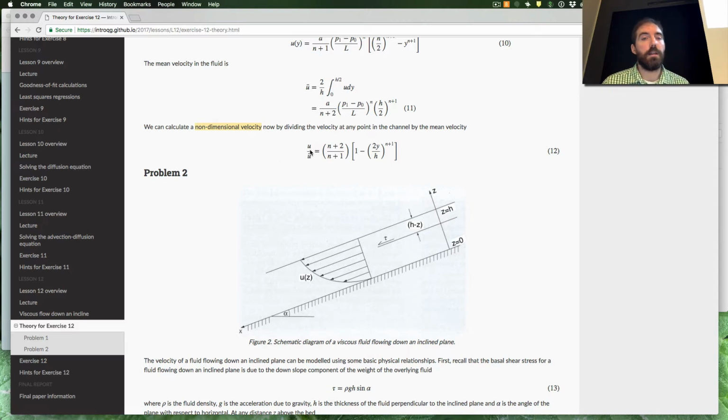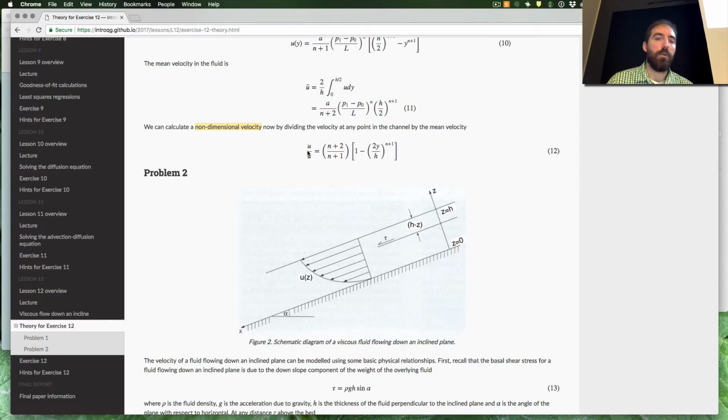What that means in this case is that we take the velocity we would calculate and then we divide by the mean velocity of flow in the channel. And what it allows you to do is look at the pattern, or the shape of the velocity, rather than the absolute values of the fluid. But if you take something that is in meters per second, for instance, and divide it by meters per second, of course you have no units there. So that's what this non-dimensional velocity refers to.